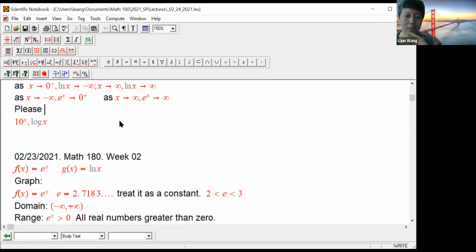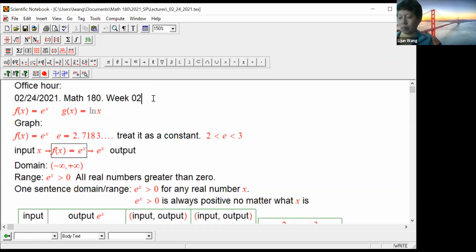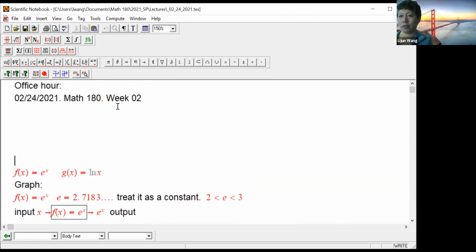No, you need to do it again all by yourself. So please complete similar work for these functions. Of course, you know that's part of your homework. So now you know what to do, right? And next, trigonometry.